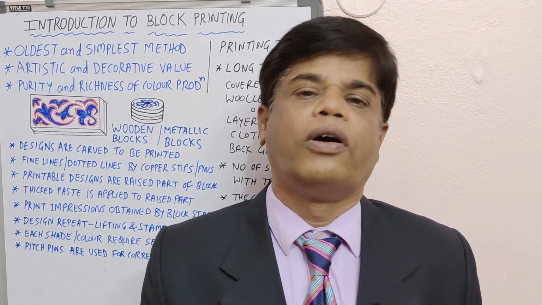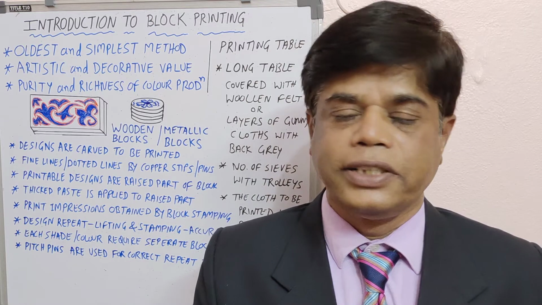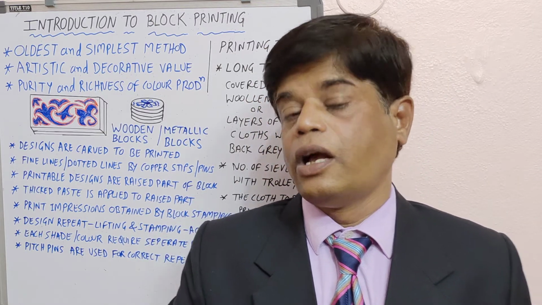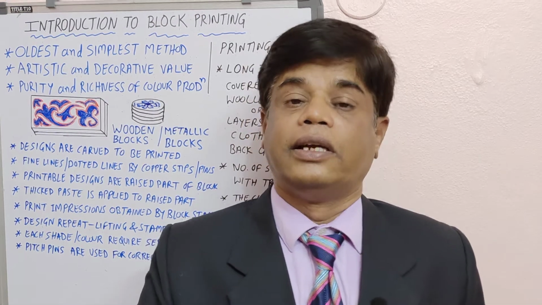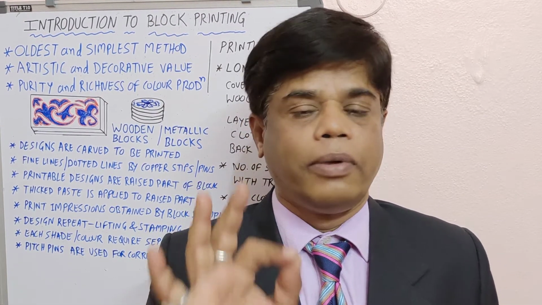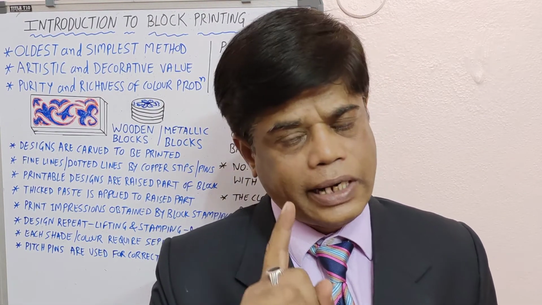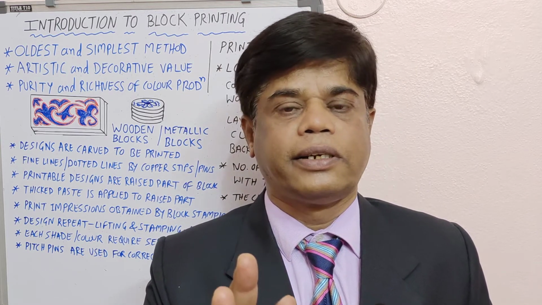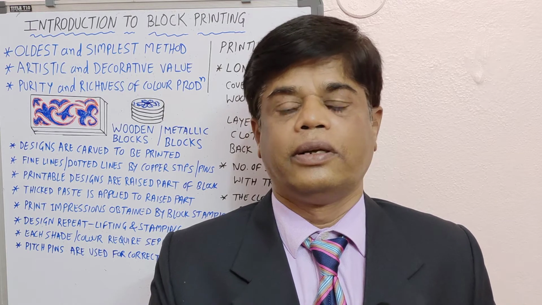So a number of blocks are used, depending on what type of shade is required, how many shades and colors are there in our designs; that many blocks are required. Even for the same design, if 2-3 colors are there, 2-3 blocks are required. One shade, one block.